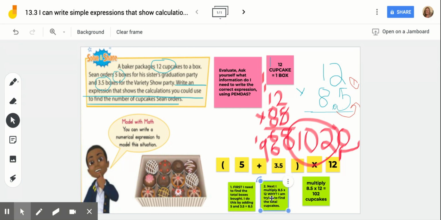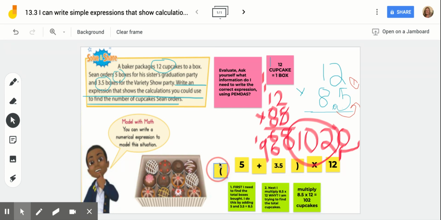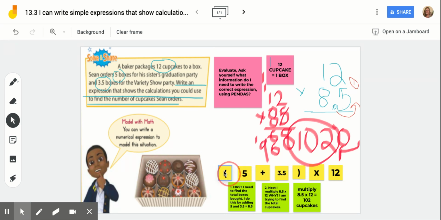Let's make this nice and readable so I can take a screenshot and leave it for you to refer back to. So what did we do? How did we evaluate our expression, and how did we know what we needed to find? First we reread our word problem several times because that always helps with analysis. We saw the important information we needed.